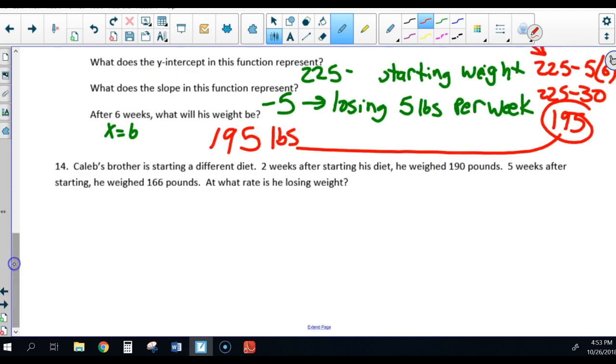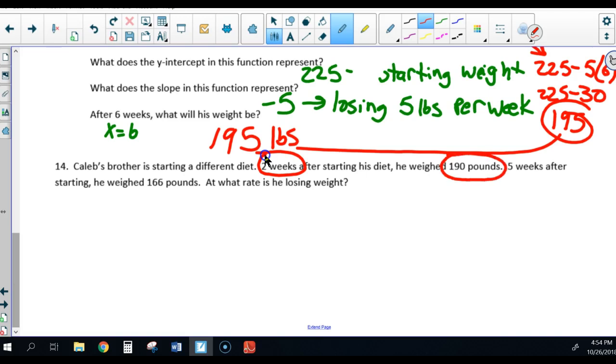14. Caleb's brother is starting a different diet. 2 weeks after starting his diet, he weighed 190 pounds. 5 weeks after starting, he weighed 166 pounds. At what rate is he losing weight? So, what they're giving me here is sort of like 2 ordered pairs.